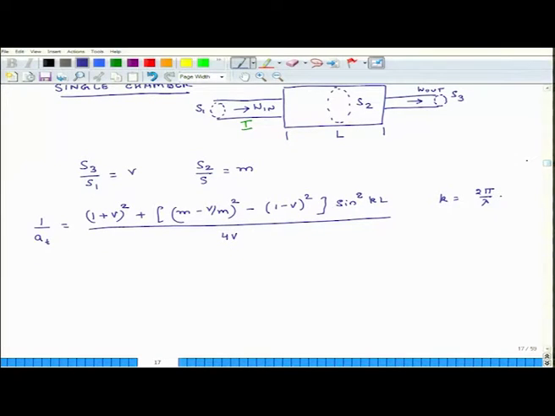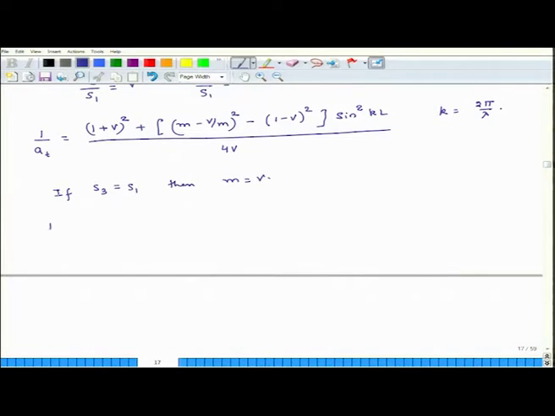In a lot of single chamber expansion mufflers, the ratio of S3 and S1 is 1. So, in that specific case, that is, if S3 equals S1, then M equals V, and in that case we have a much simpler expression.